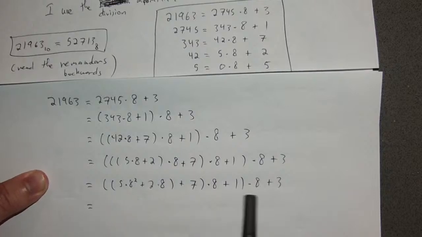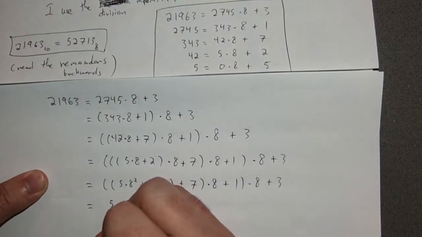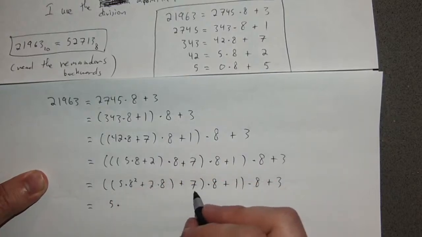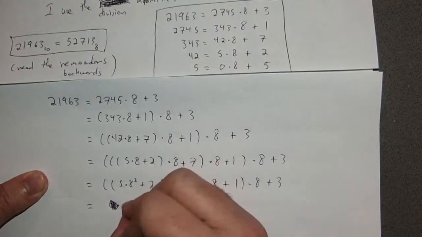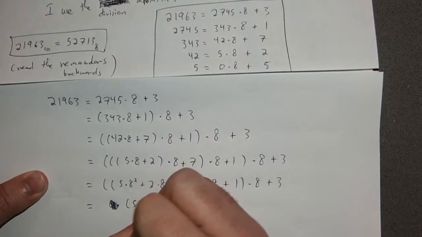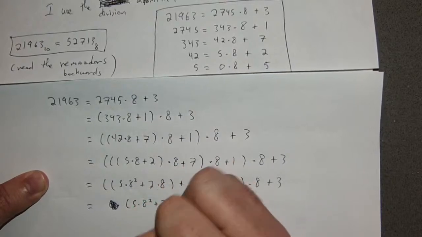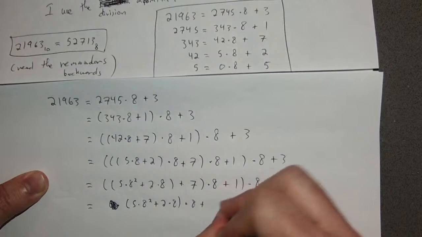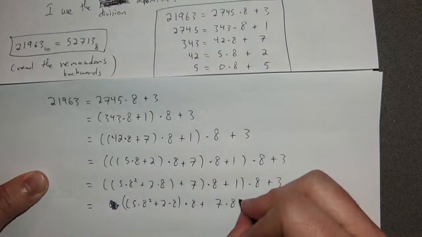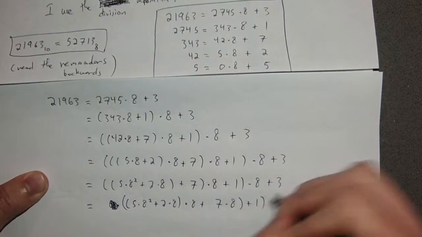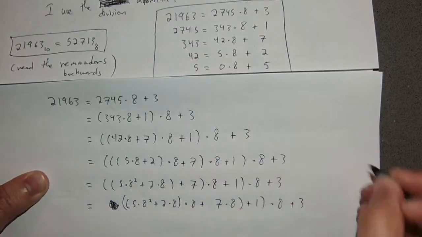So what am I saying this is? So then this is 8 times 3 here. So this is 5 times 8 squared plus 2 times 8 plus 7 times 8 plus 1 times 8 plus 3.